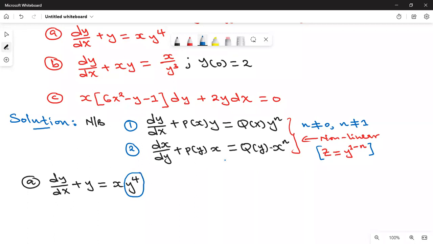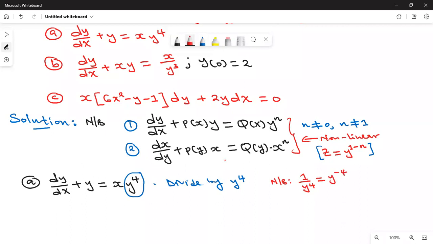So I will divide through by y raised to 4, because I want to get rid of the y's from the right-hand side. Take note that 1 over y raised to 4 is the same as y raised to negative 4.